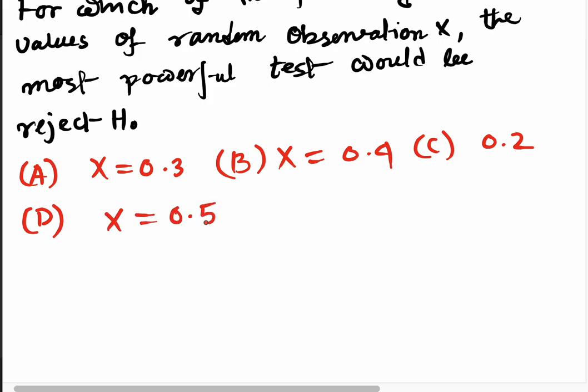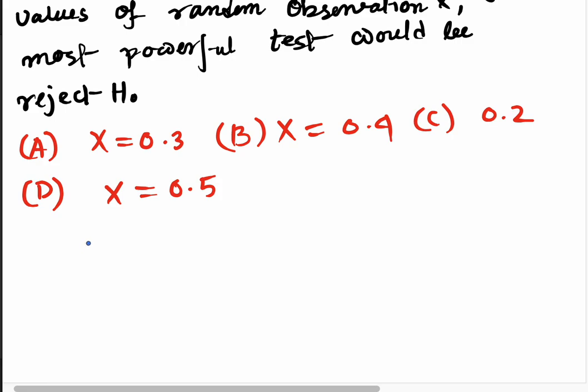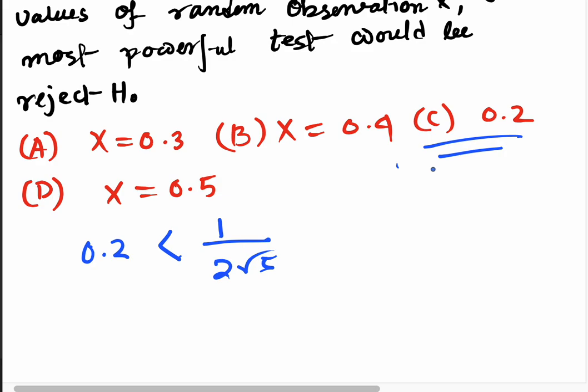Now you have to find which one of these is less than 1/(2 root 5), and it appears that 0.2 is less than 1/(2 root 5). So when the outcome is x equal to 0.2, we'll reject the null hypothesis. So that is the answer of question 6.